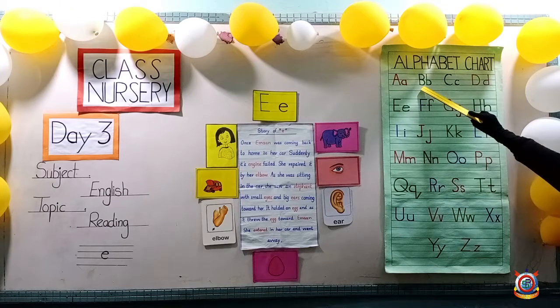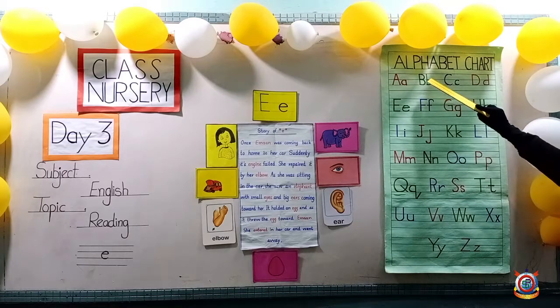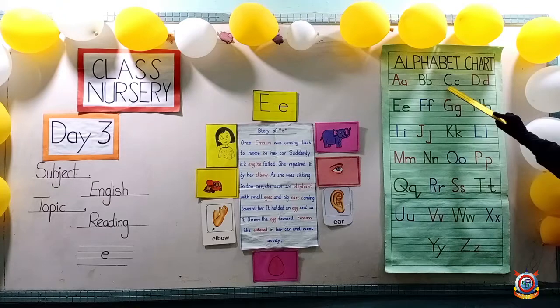This is B and the sound B. Name B, sound B. Okay, this is C. What is this? C and the sound K. C sound K.